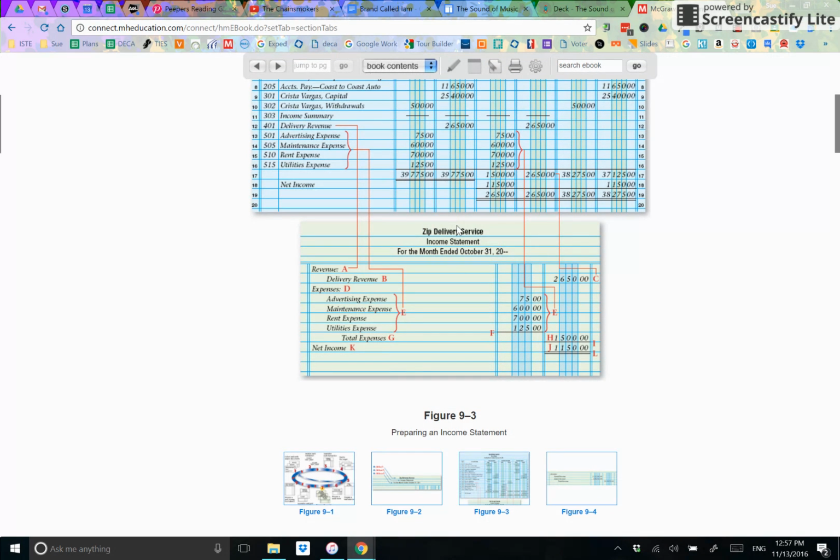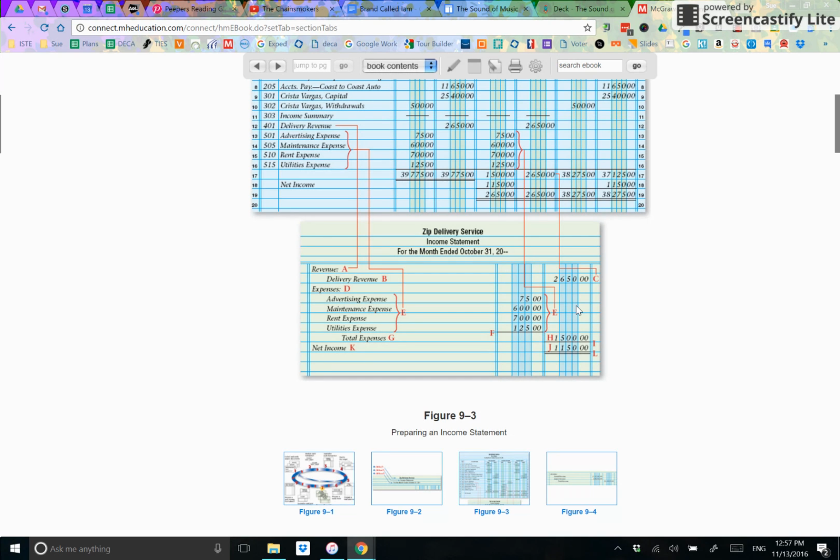So we recorded our heading, and then on the very first line, we're going to write the word revenue, and we're going to indent, and we're going to write our revenue accounts. And since Zip Delivery Service only has one revenue account, we're just going to write it. And a really important thing on financial statements is this is no longer the debit side and the credit side.